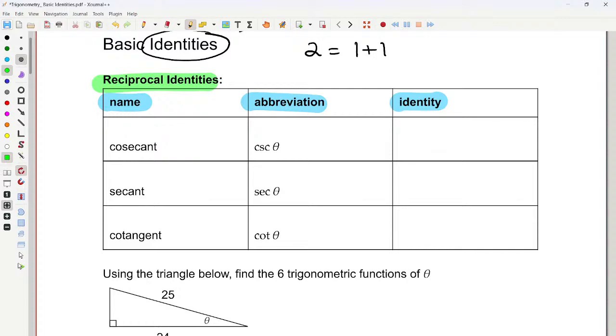What is it equal to? One over sine theta.